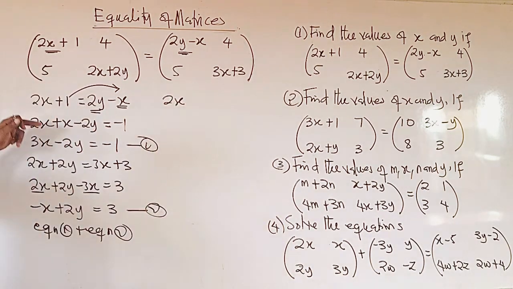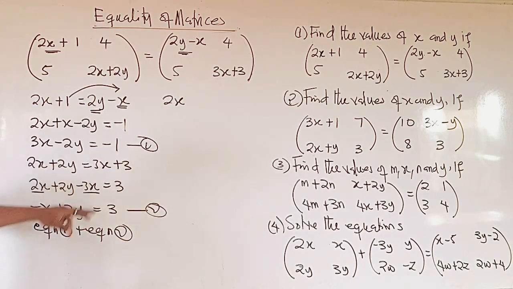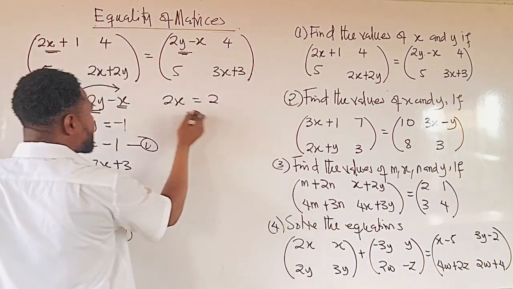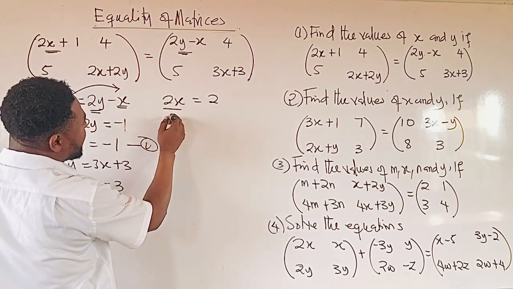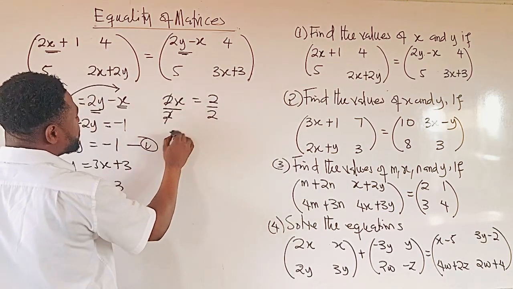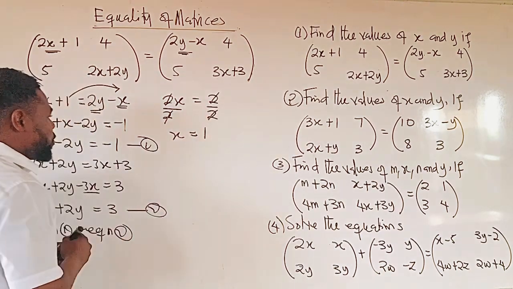We have minus 2y plus positive 2y, and it will be 0. We also have minus 1 plus positive 3, and that will give us 2. All right. Therefore, we eliminate the y, so we can find our x by dividing through by the coefficient of x, which is 2, and 2 divided by 2 will give us 1.